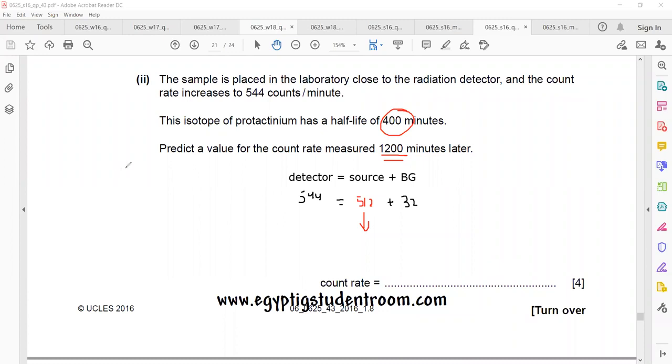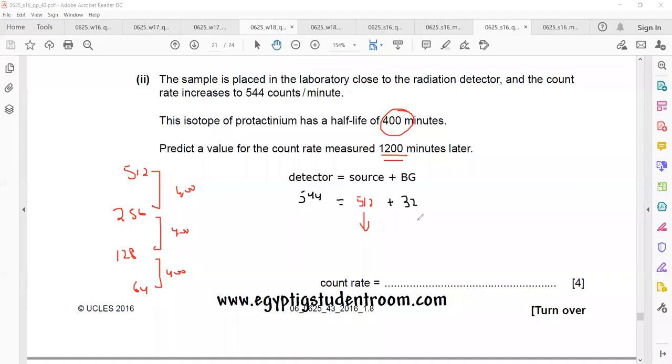So basically the source radiation, if it is 512, will become half after 400 minutes: 256. After a further 400 minutes, 256 divided by 2 is 128. After a further 400 minutes, 64.